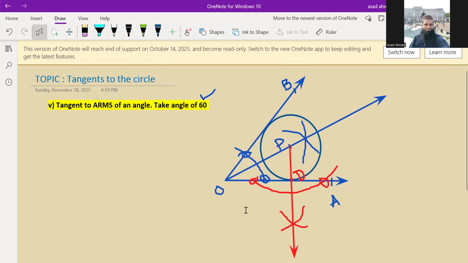By taking P as center and PD as radius, you will draw the circle and it will touch both the arms of the 60-degree angle AOB, where OA and OB are its arms. So this circle will be touching the two arms of the angle internally. So this is question number 11 in exercise 13.3, drawing a tangent to the arms of an angle.